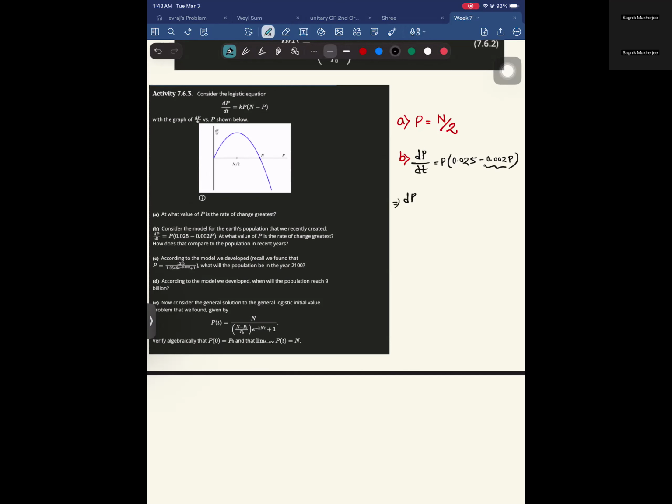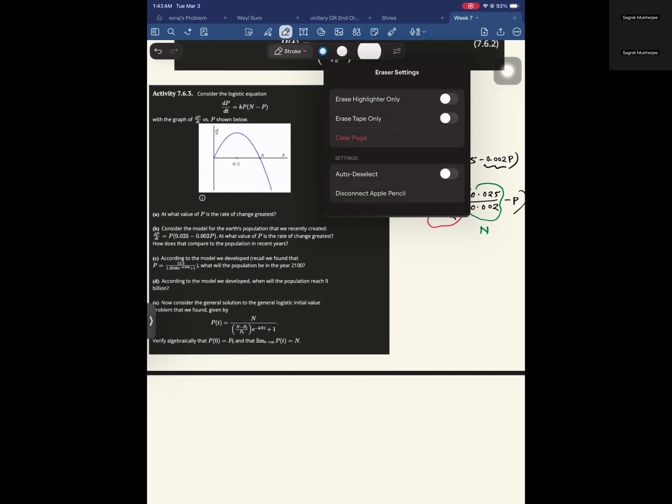So dp/dt is 1 over 0.002 times P times (0.025) times (0.002 minus P)... now everything is okay. So this is k, and this is n.